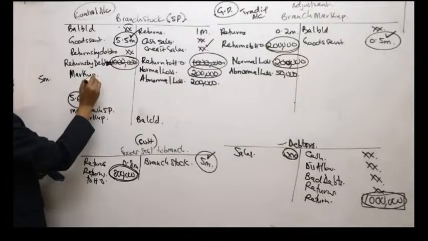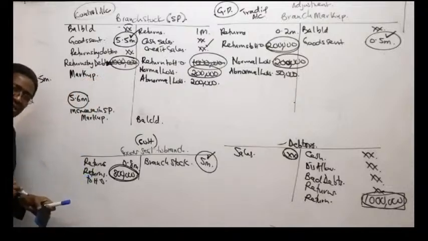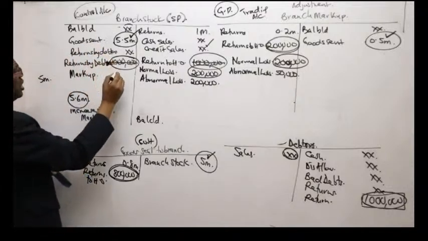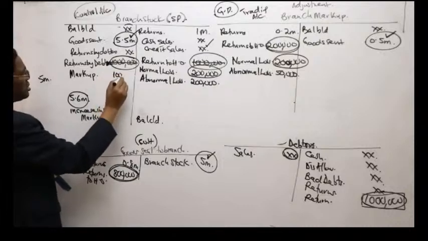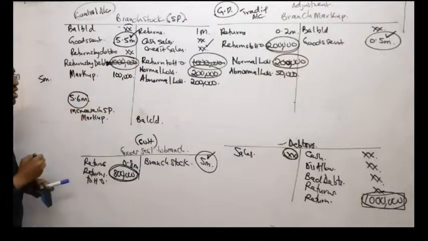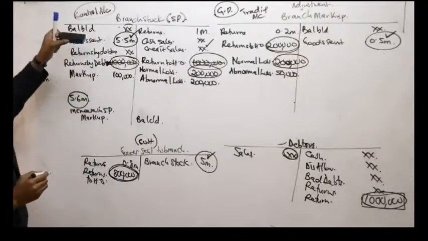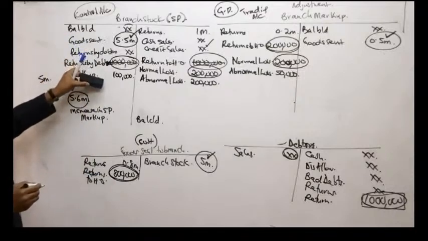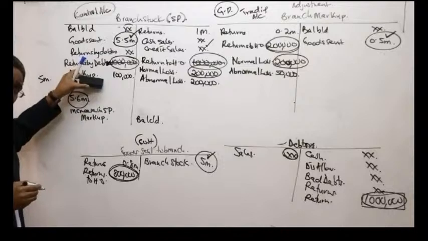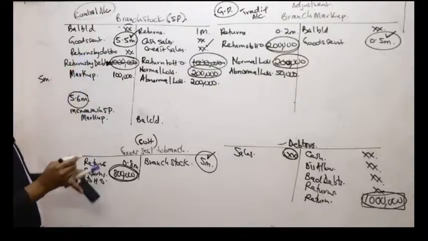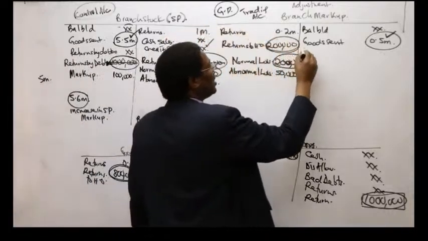With any markup in price, the double entry is you debit branch stock at what? With any increase in price, which in our case is 100,000, you debit branch stock. I hope you know the other entry we shall make. Of course, we shall credit branch markup because we undercasted our profit.